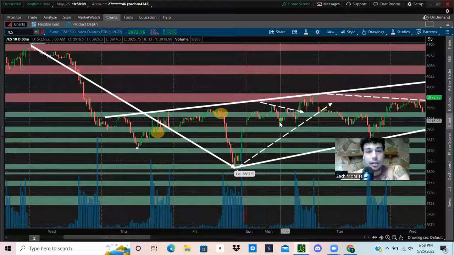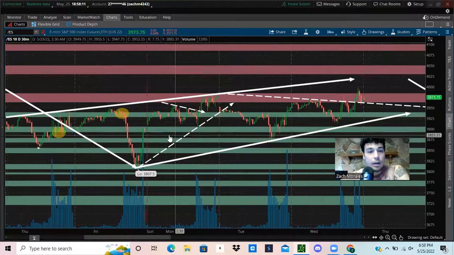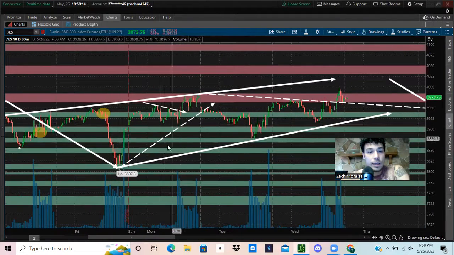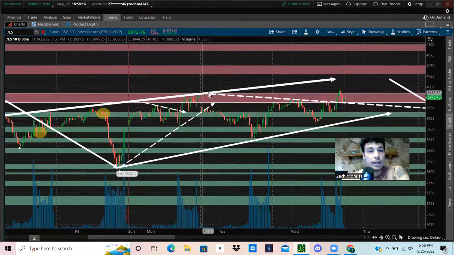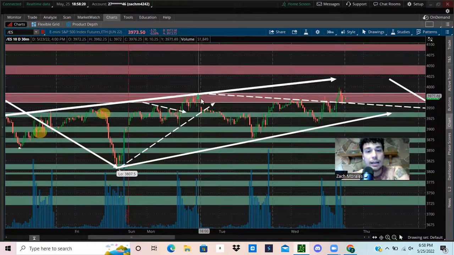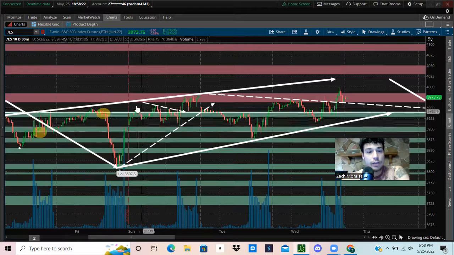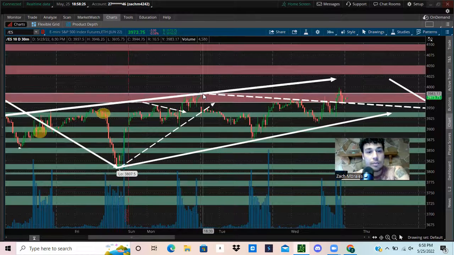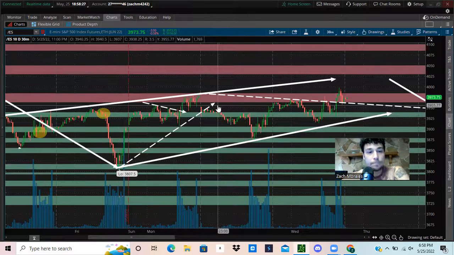Now the main thing I want to show you guys is that it's been trading in patterns really easily. Focus on this trend line here and this trend line here. That's what's known as a rising wedge, and that's when you're going to get a breakdown in the market. We have our trend line at the top and at the bottom. We broke this trend line and had a bullish breakout.